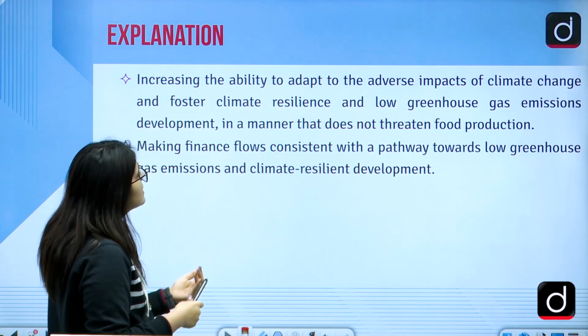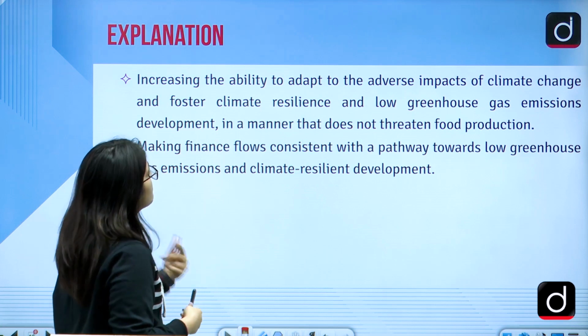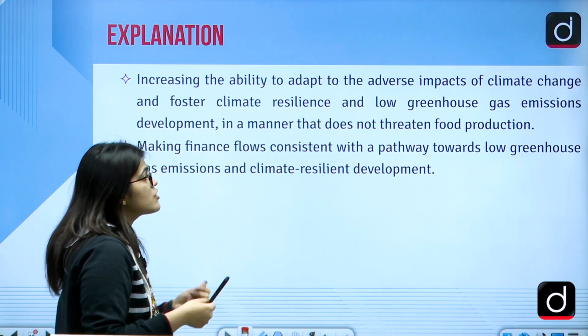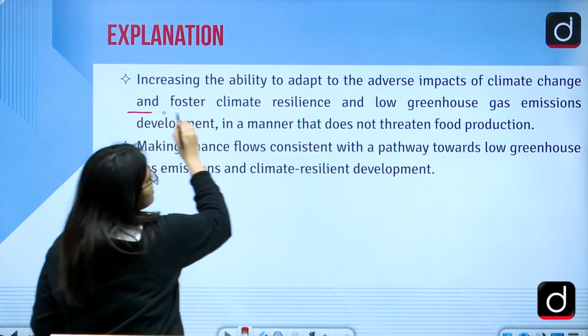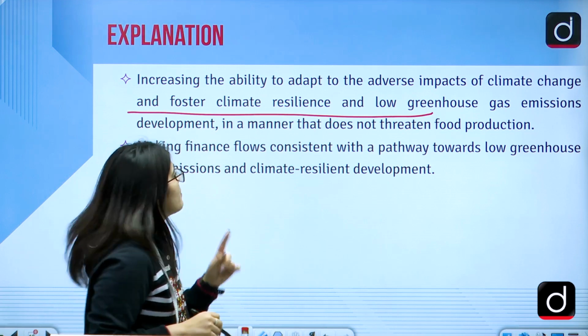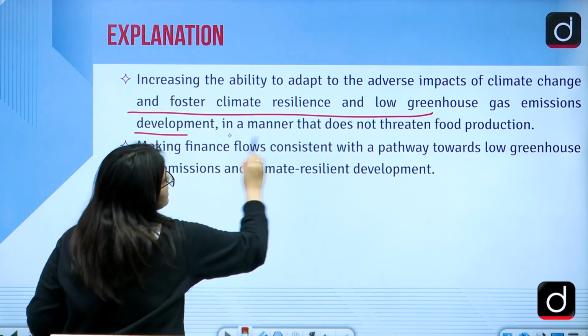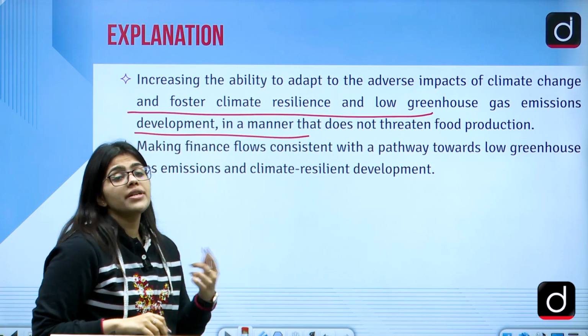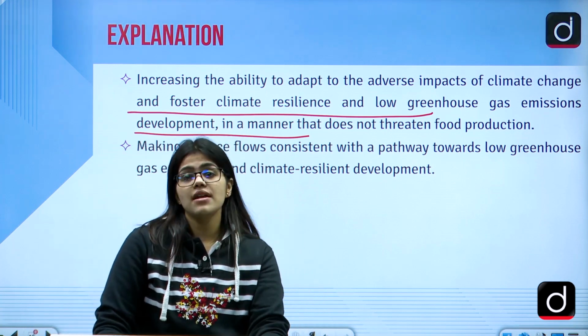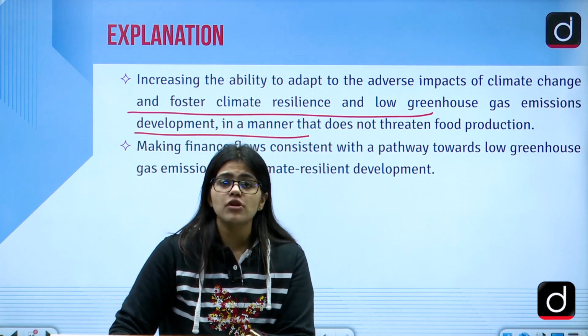Then they will also increase the ability to adapt to the adverse impacts of climate change and foster climate change resilience, and low greenhouse gases would be emitted. In this manner, they will also protect food production from being threatened. Because of these greenhouse gases, food production is also affected.